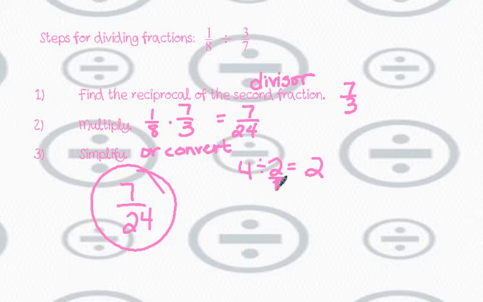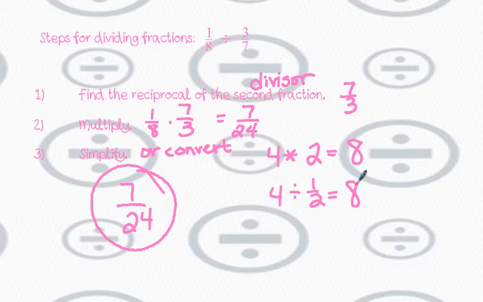All right, so when I do that, actually this is a bad example. Let's say I'm taking 4 times 2. I know 4 times 2 gives me 8. Well, on the flip side of the coin, before we said that 4 divided by 1/2, we also know that gave us 8.